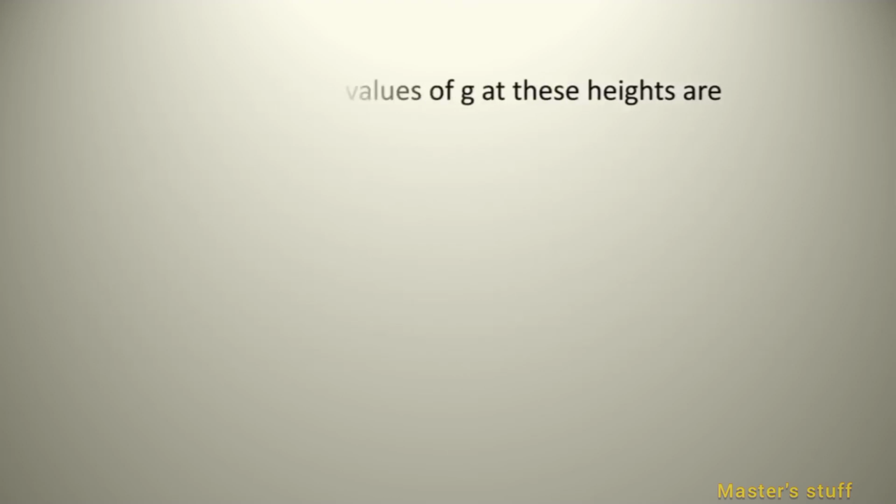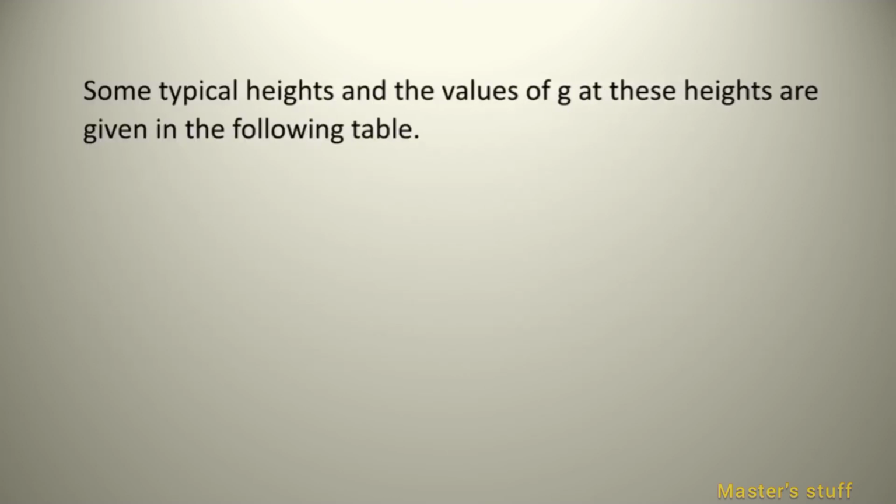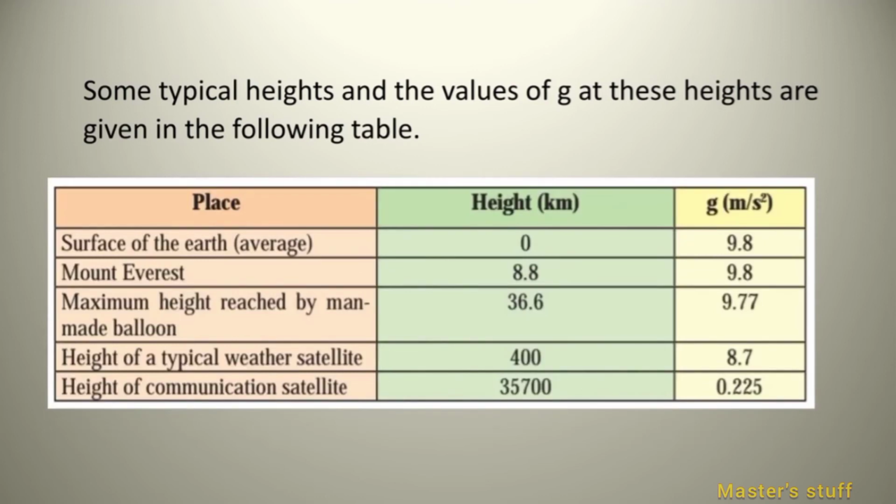Here are some typical heights, and the values of g at those heights are given in the following table. Height in kilometer and value of g in meter per second square.